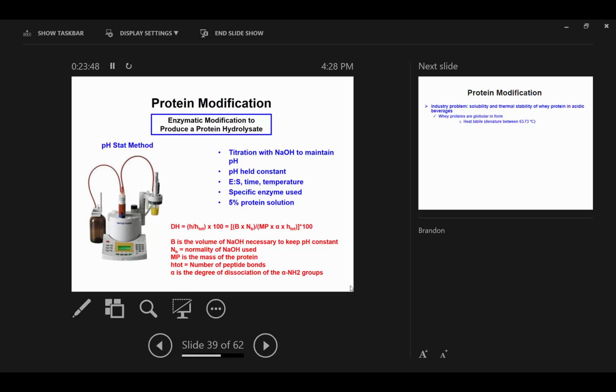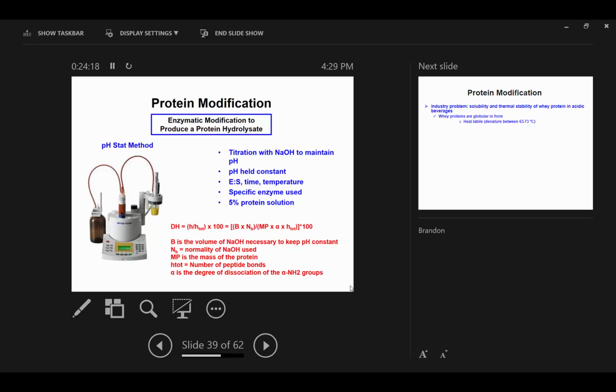And this is the pH meter, which measures the pH for you and adjusts accordingly. So NaOH will automatically be dropped in as the pH starts to decrease, to maintain the starting pH of your hydrolysis condition. Let's say it's 7 or 7.6 or whatever it is. It will maintain it there.